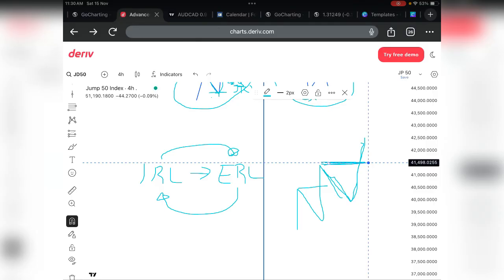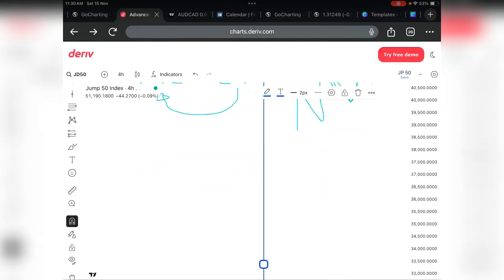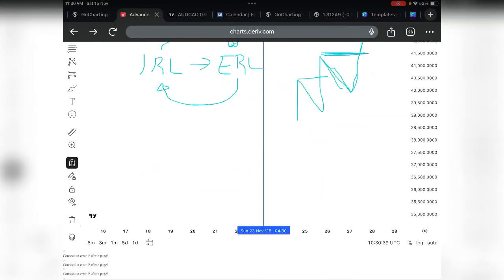I think this is clear. So the assignment you have to do for you to get a clear understanding of what I'm saying is this. Once you open a chart, this is what you do first.